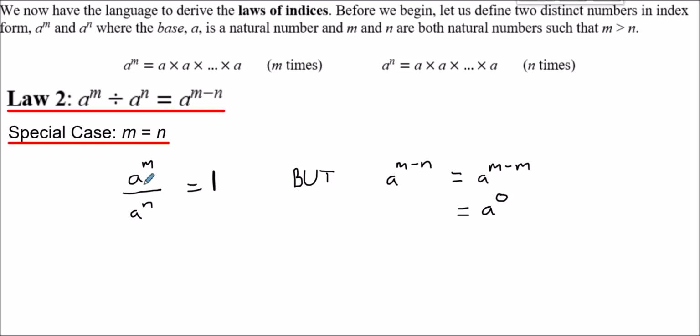So we've proven that this thing here, a to the power m divided by a to the power n, is the same as this thing over here. And so therefore, if this here is equal to 1, it's also equal to a to the power 0. In other words, for any natural number a, a to the power 0 must be equal to 1, because you're dividing something by itself and getting 1, but by the laws of division of powers, we end up with power 0. So in other words, a to the power of 0 will always equal 1.